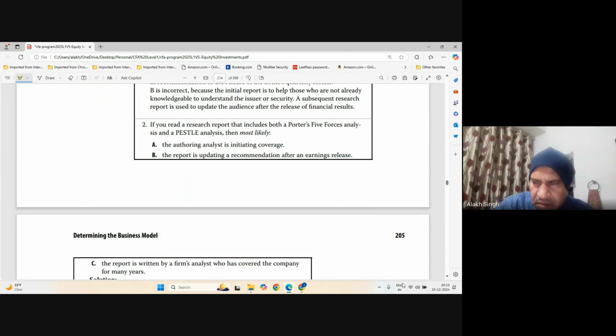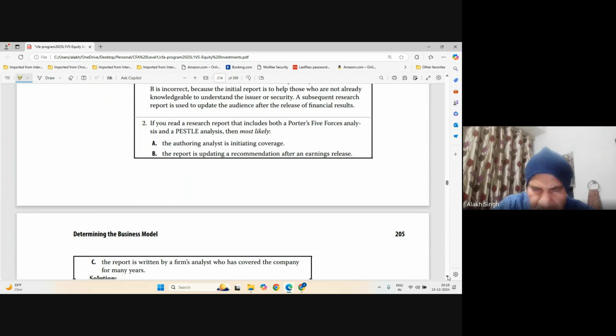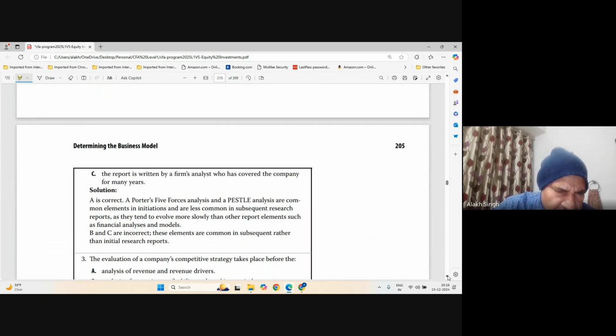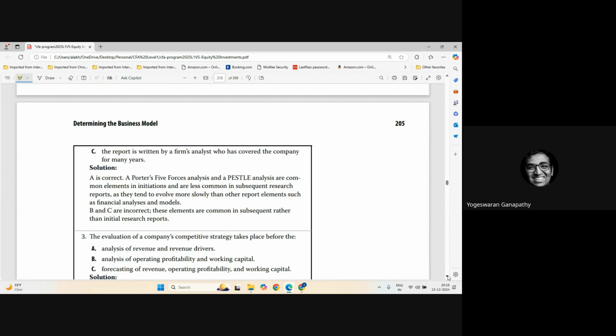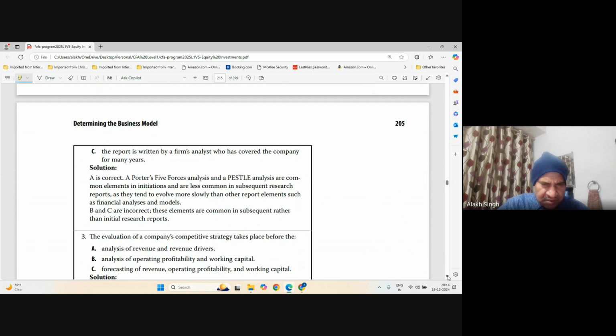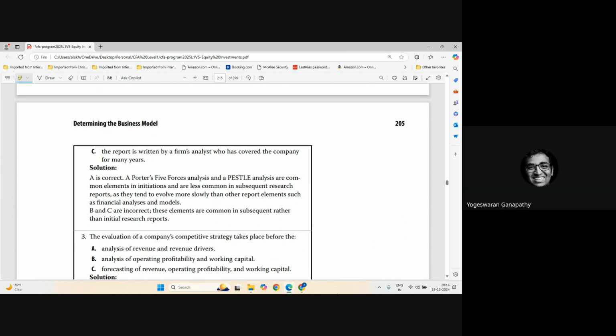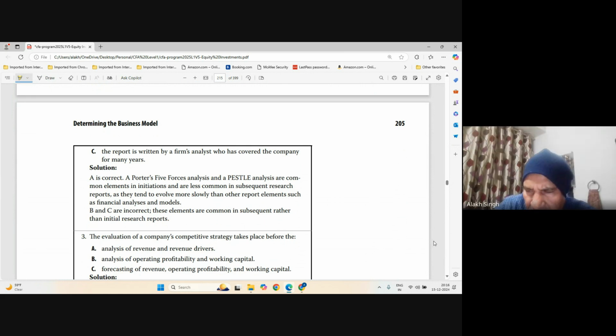So A. Yes. The evaluation of a company's strategy takes place before competitive strategy, before the analysis of revenue and revenue drivers, the analysis of operating profitability and working capital, and the forecast. Yes, that's correct.